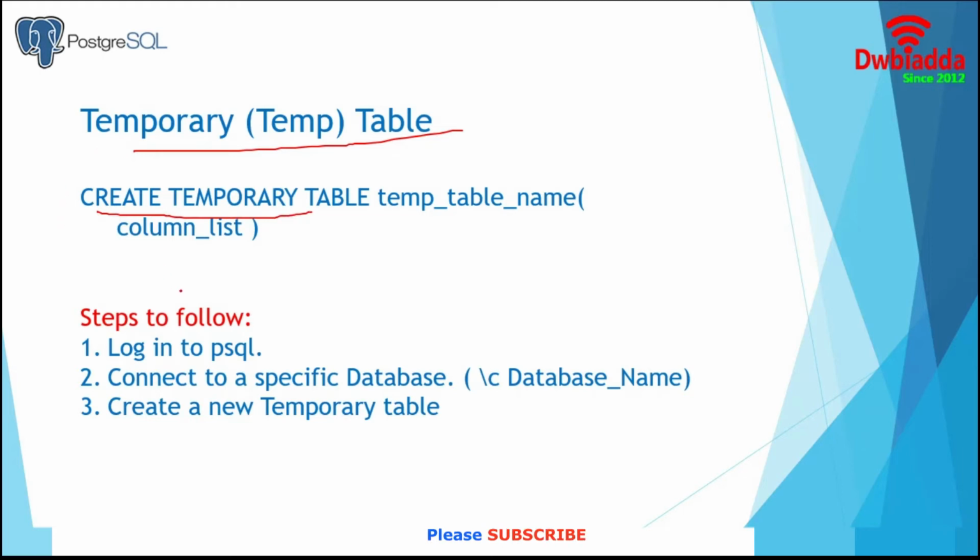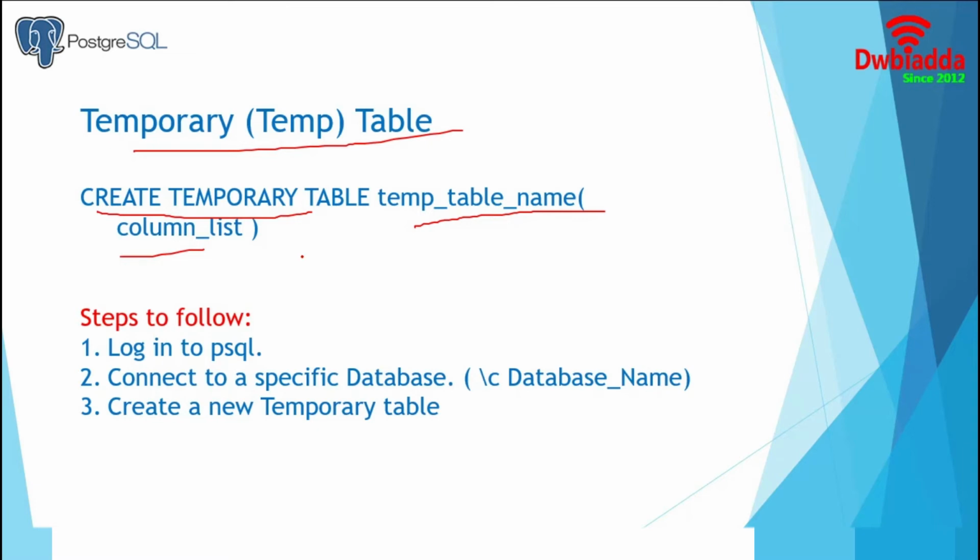In the syntax, first we specify the name of the temporary table after the CREATE TEMPORARY TABLE statement. Then specify the column list, which is the same as the one in the CREATE TABLE statement. And we can insert the data into this temporary table the same way we do in a simple table.